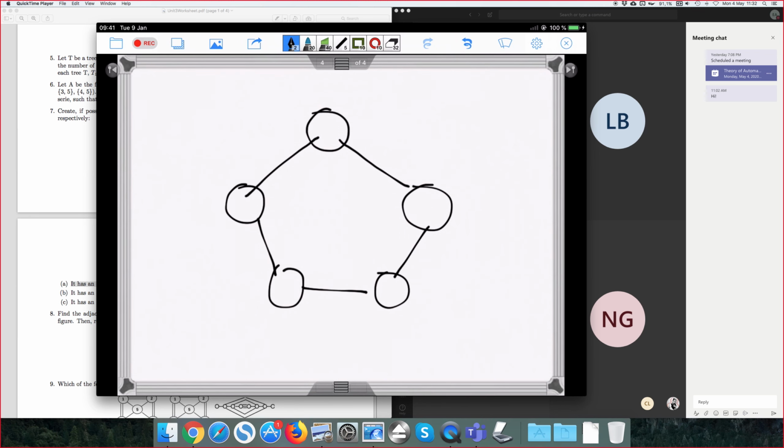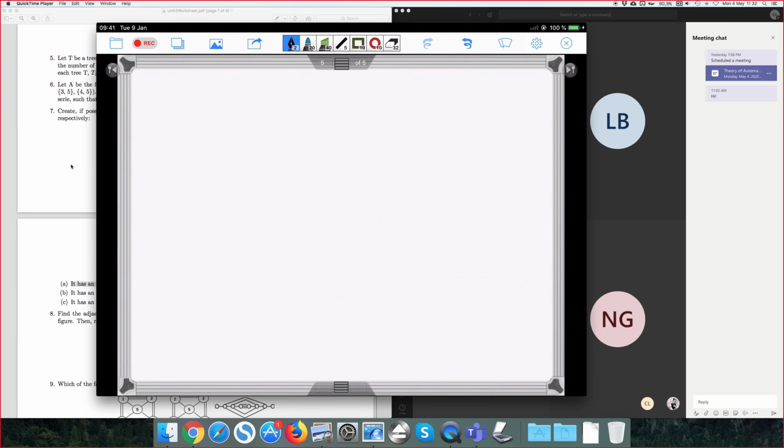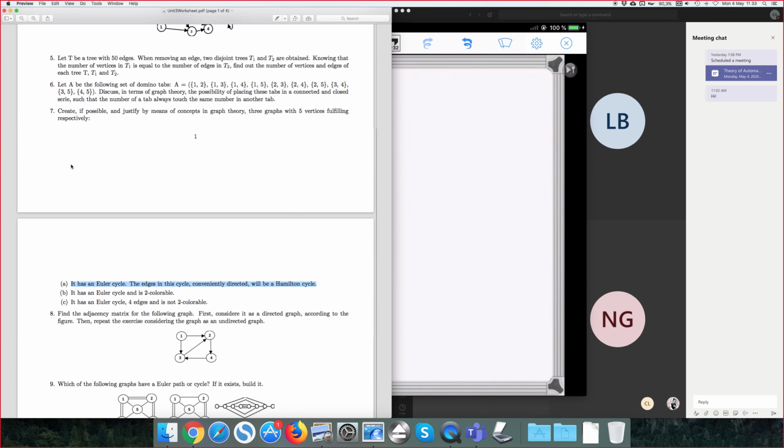And then the same Hamiltonian cycle is also an Eulerian cycle. If I go from 1 to 2 to 3 to 4 to 5, this is at the same time Eulerian and Hamiltonian. Okay, so this is very easy in this case.